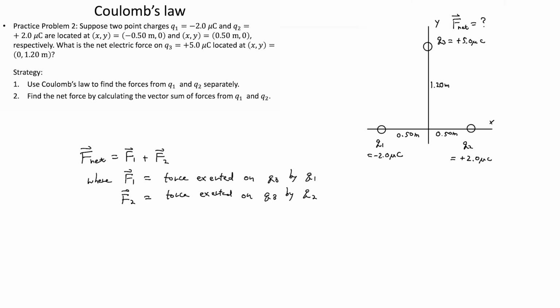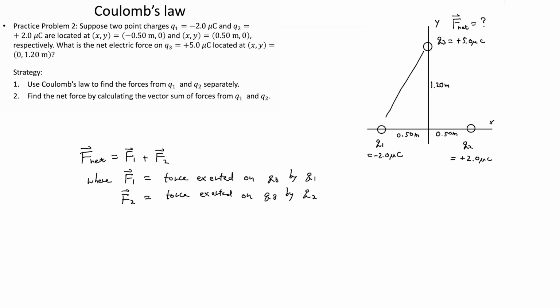To find F1, we can focus our attention on these two charges circled in red, while ignoring the presence of Q2. Likewise, to find F2, we can focus our attention on the two charges circled in blue, while ignoring the presence of Q1.